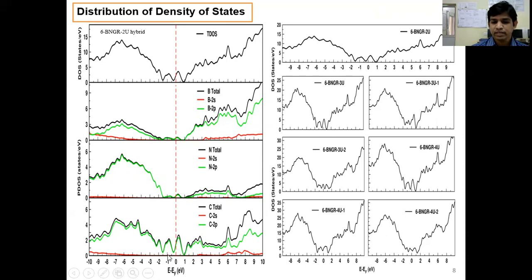We can see carbon has the maximum distribution around the Fermi level. Around it a little bit of gap is shown by the other atoms, but due to the contribution by these atoms, we have zero gap. So no forbidden energy gap.